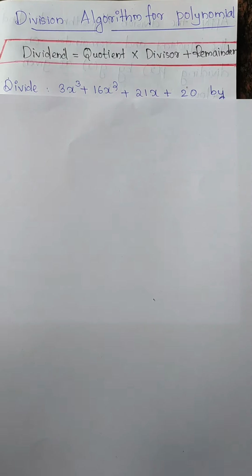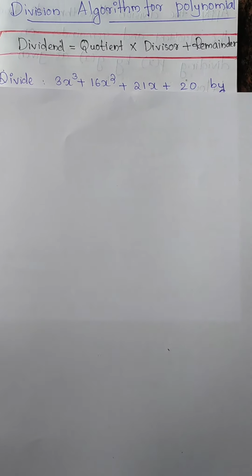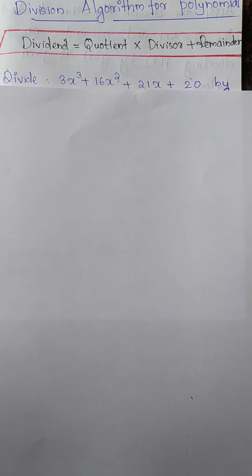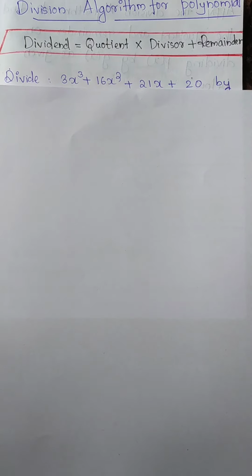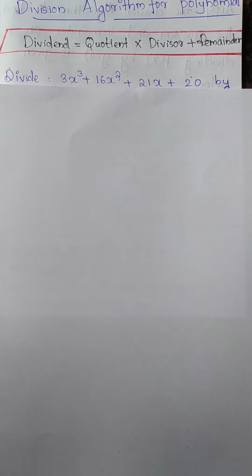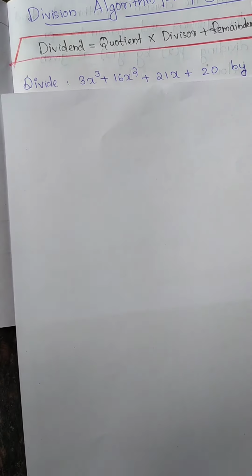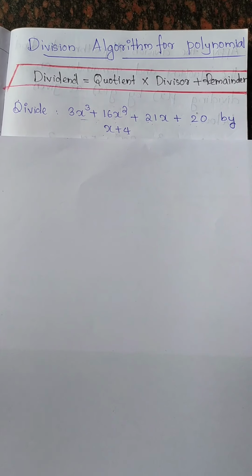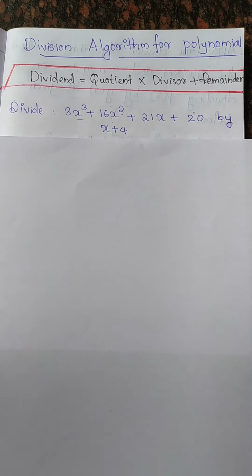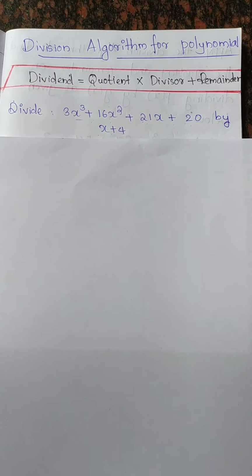For more clarification, let's do these problems, because we already know how to divide whole numbers, integers, fractions, everything. So let's move on to the main topic, how to divide a polynomial. When we are dividing a polynomial, there are 4 steps we have to remember.